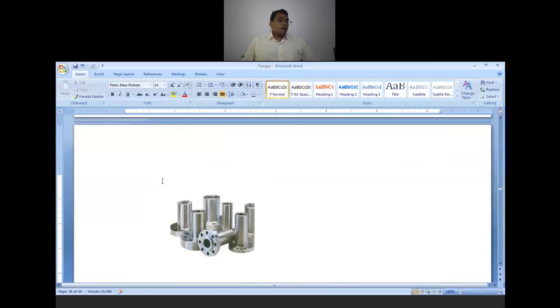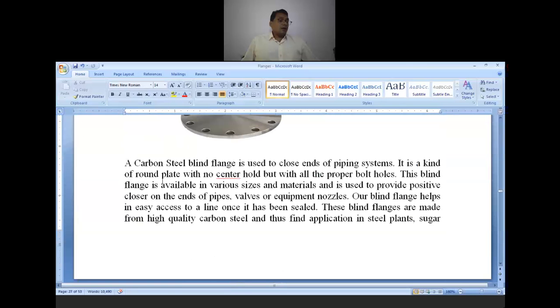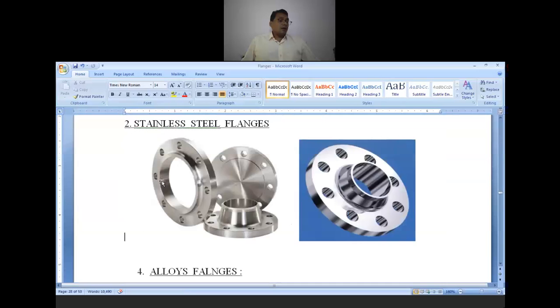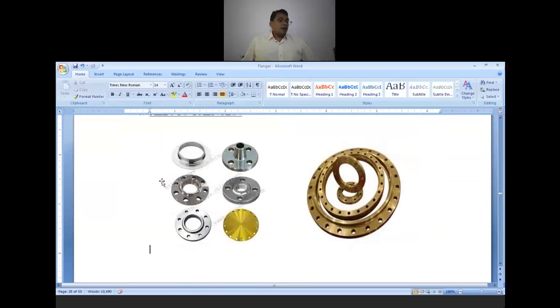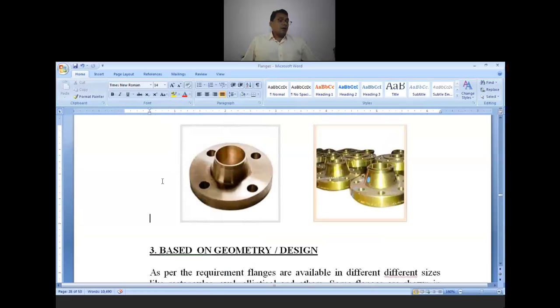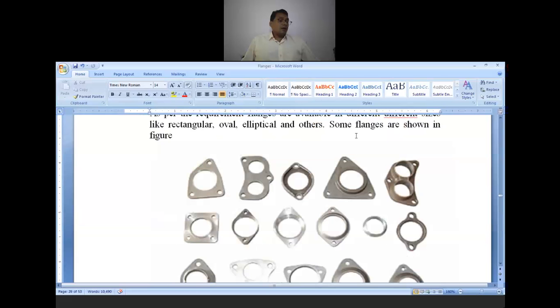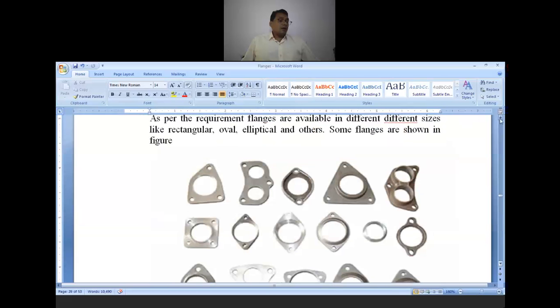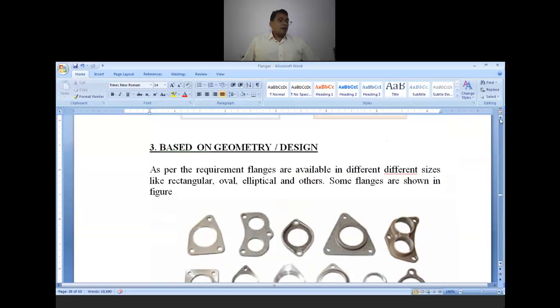The next is the raised face flanges. These are some figures related to the flanges. You can see these various types of figures, welded neck flanges. The next classification is based on the shapes, that is the geometry and design. These are again for special purposes.